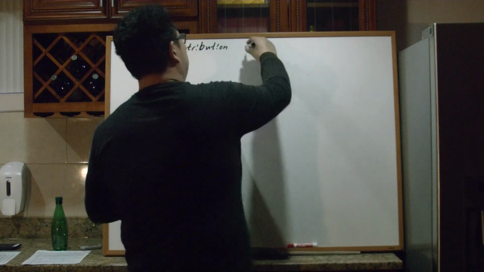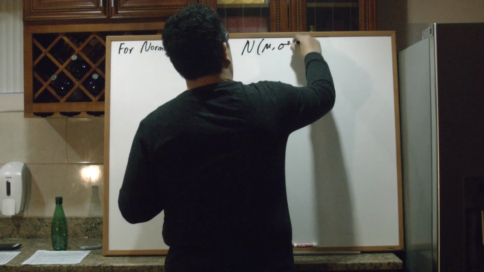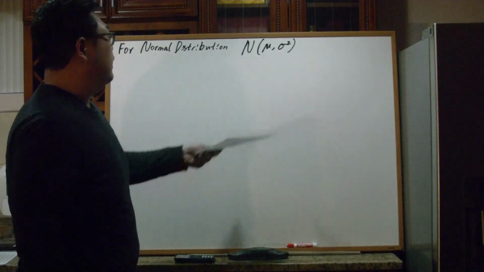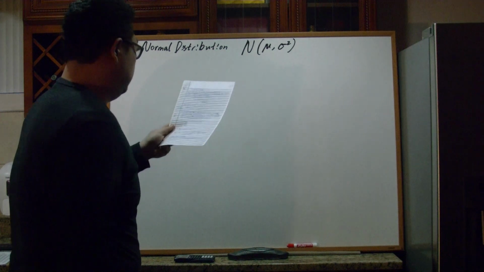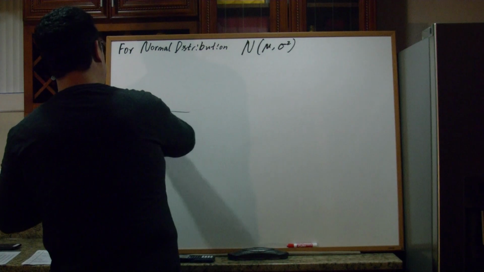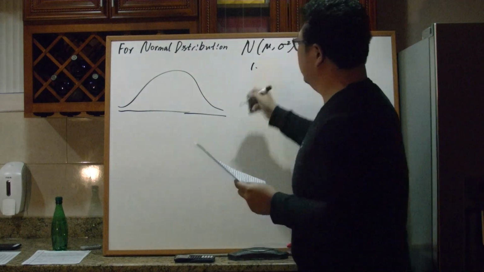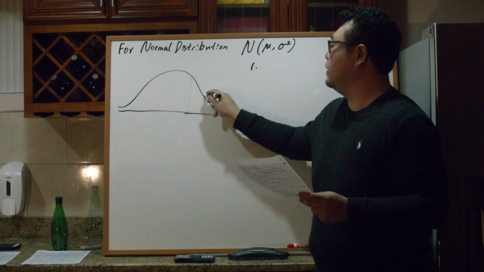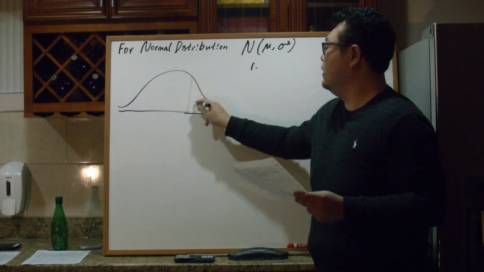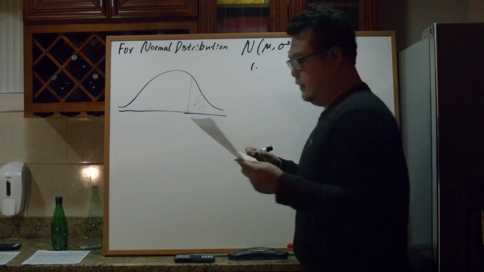For the normal distribution, we have the curve with the parameters, in other words the mean and the variance, which give the shape of the bell curve. The first thing is that it goes from negative infinity to infinity, so for some set x interval, the area under the curve is very hard to find.